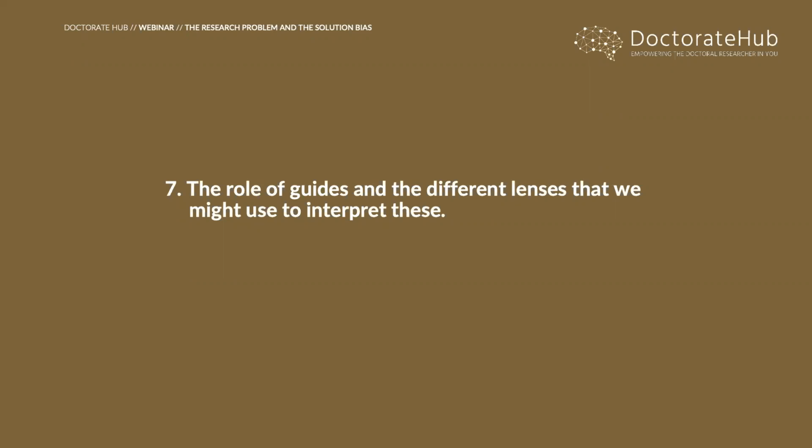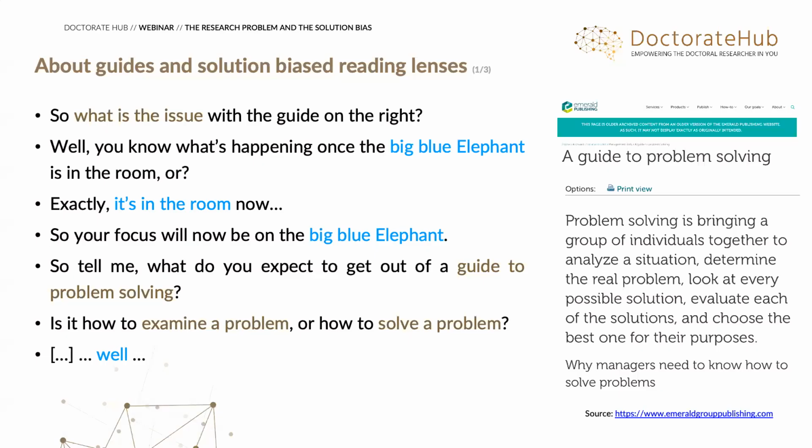Okay, final part. The different lenses that we might have once we read through guides. Now, what is the issue with the guide on the right side? Let's look at it. A guide to problem solving from Emerald Publishing. Problem solving is bringing a group of individuals together to analyze a situation, determine the real problem, look at every possible solution, evaluate each of the solutions, and choose the best one for that purpose.